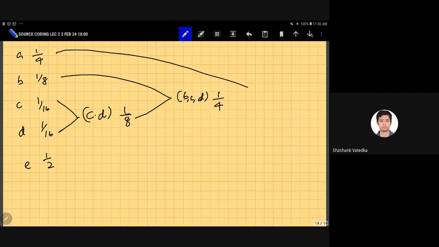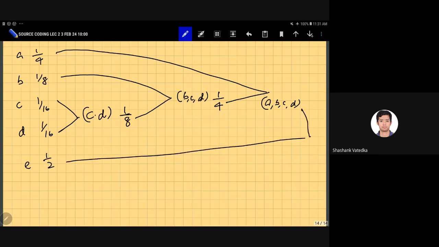So I merge these two to get A, B, C, D. And now I combine these two, and the probability is equal to 1.